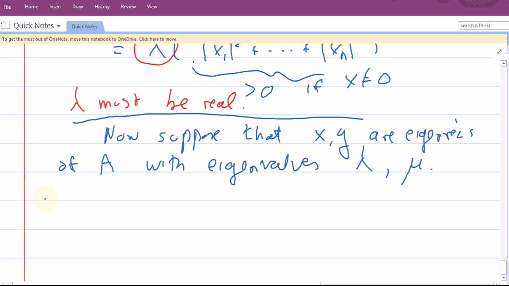Now let's consider something similar to what I considered before, but this time I'm going to consider y conjugate transpose times A times x. Now, we're assuming that A is Hermitian.